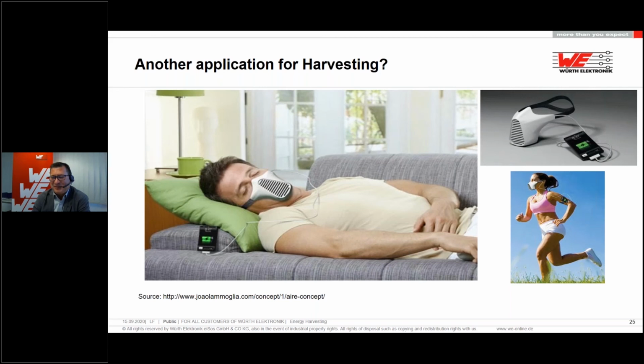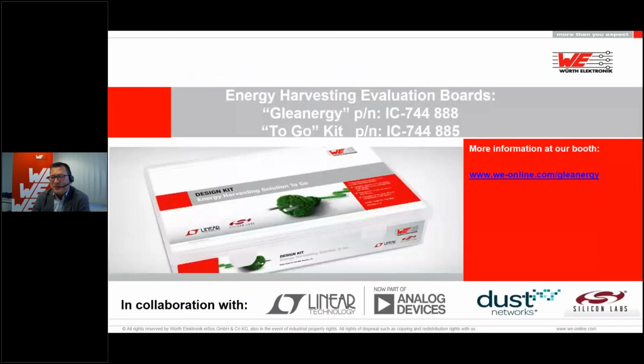It's an interesting product. If you want to develop, we have these two kits. You can ask our salespeople, or just access our website and place your order. One is the to-go kit, developed together with Silicon Labs with a Giant Gecko ARM Cortex M3 core.